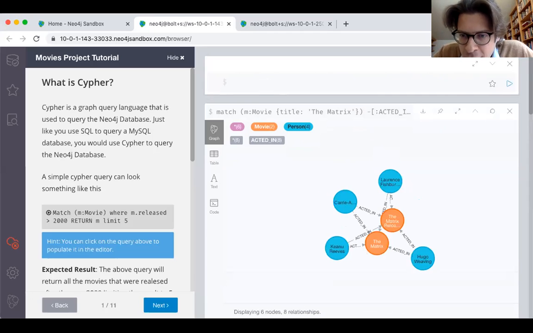Now here we are seeing the set of actors who have played in both movies together with the connections between the actors and the movies. All of them are presented as nodes in this graph over here.